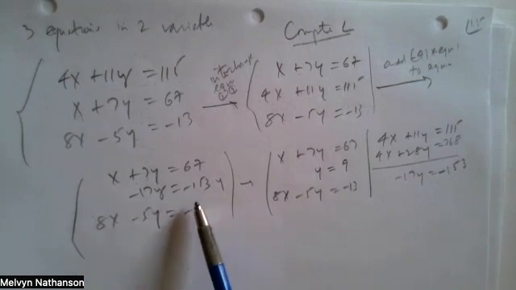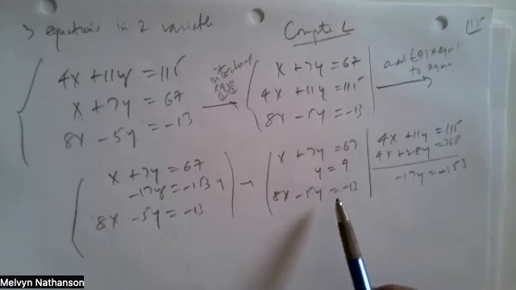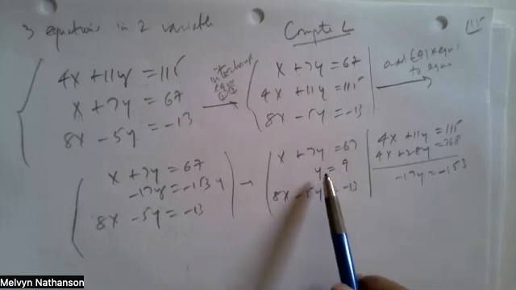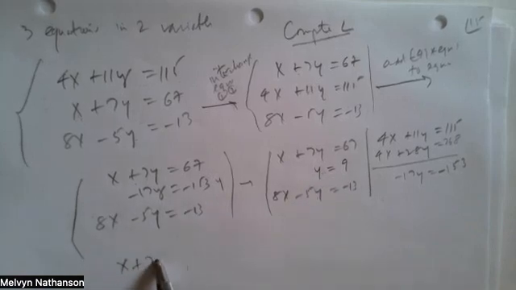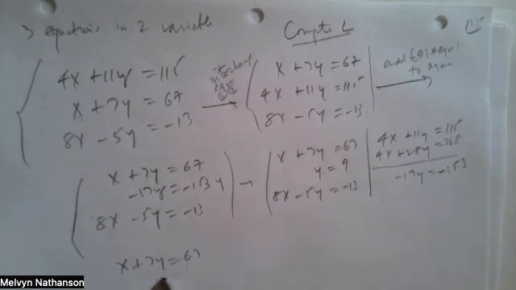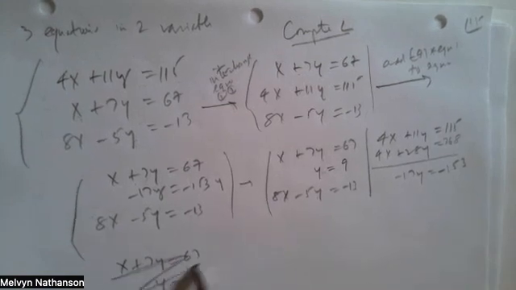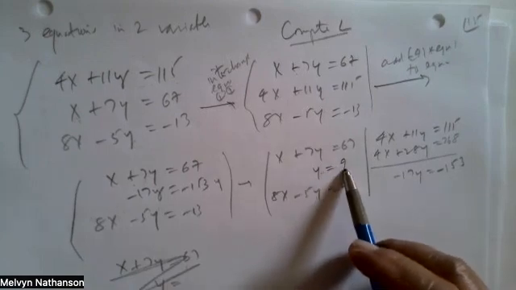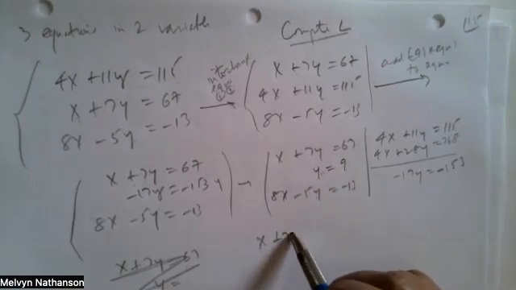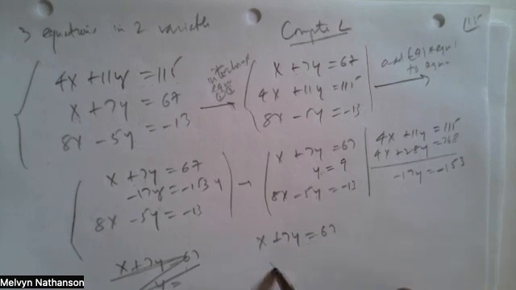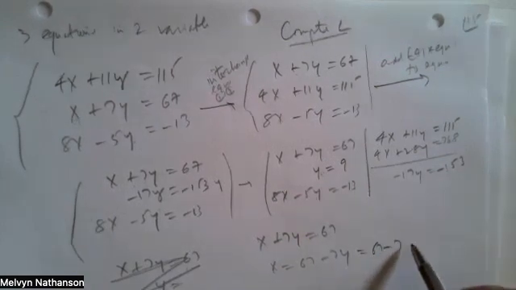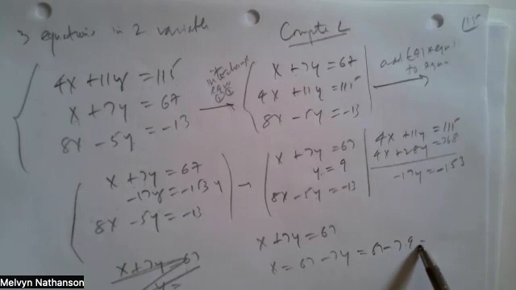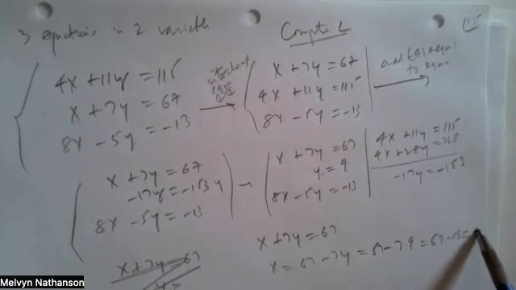Actually, that's pretty good. I can actually solve the equations now. If y is equal to 9, then x plus 7y equals 67, so x is 67 minus 7y. That's 67 minus 7 times 9, which is 67 minus 63, which is 4.